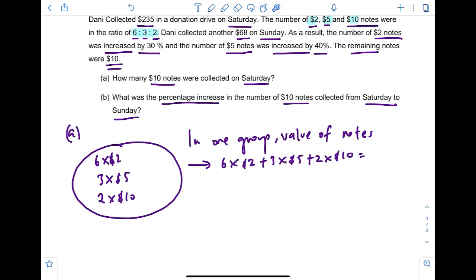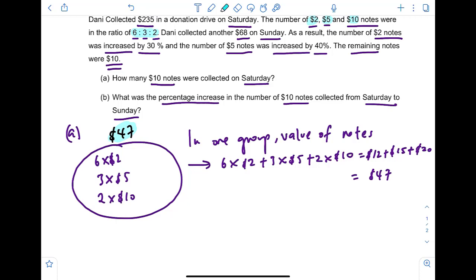So that will be 12 plus 15 plus 20, which will be equals to 27 plus 20, that is actually $47. Bear in mind this is just for one group of notes.